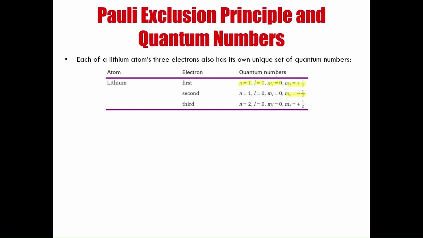Once the s orbital in the first energy level has been filled, we can now move on to the second energy level, which has its own s orbital. And so we write n equals 2, and for the s orbital in the second energy level, we're going to put L equals 0. Remember that n equals 2 has 2 possible orbitals.